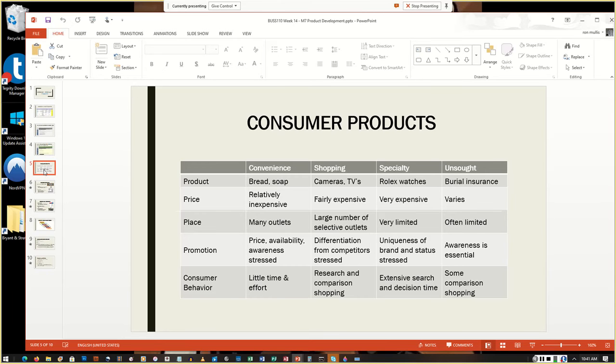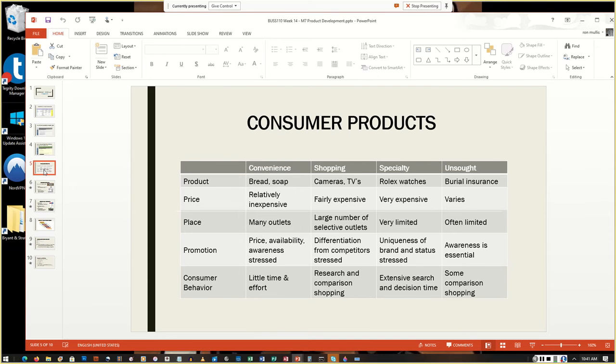Consumer products are those purchased directly by the end user, and business products are those purchased by an organization to assist in reselling of other products. So we'll first talk about the consumer products. Consumer products are typically broken down into four different categories. You have your convenience category, your shopping category, your specialty category, and your unsought category.